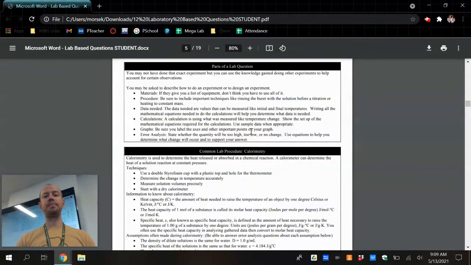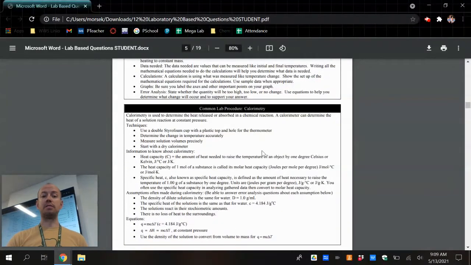The most common procedures that they are asking about, maybe not designing, but asking experiments about, are calorimetry. That's where we're thinking about heat, Q, and delta H. I'm not going to read all of this to you, but some really important ideas are listed throughout there.